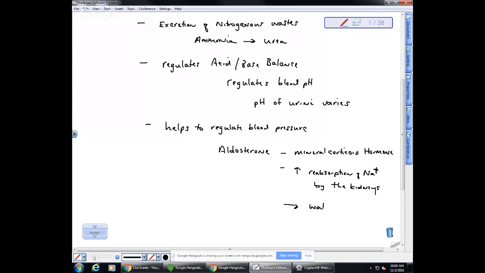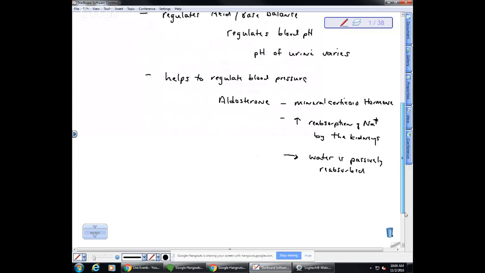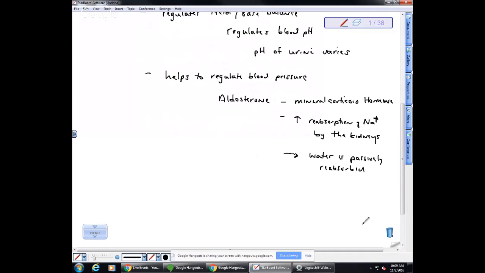So water is passively reabsorbed. Right? So how is that going to affect blood volume if aldosterone is present? Is that going to increase or decrease blood volume? If water is passively reabsorbed from the filtrate from the kidneys, then it would increase, right? So this is going to increase blood volume.